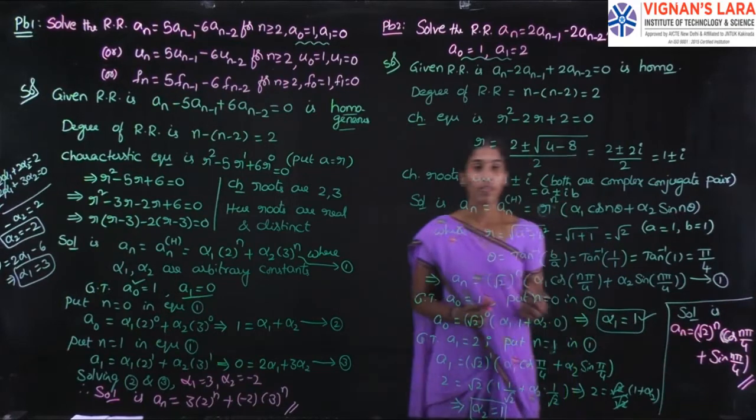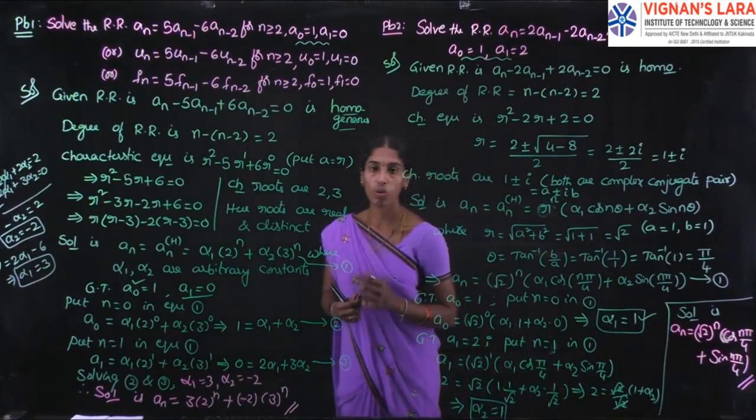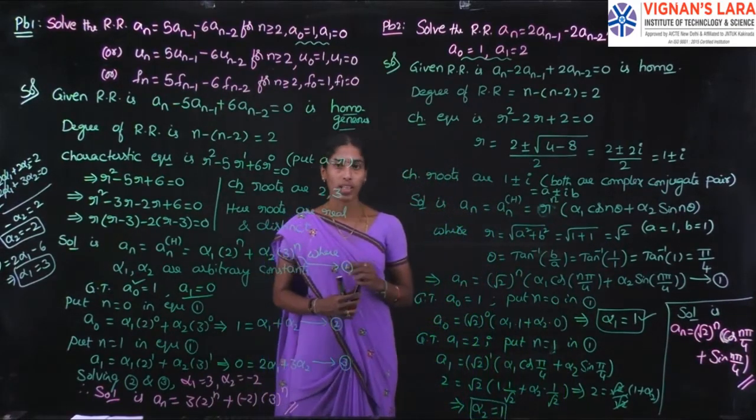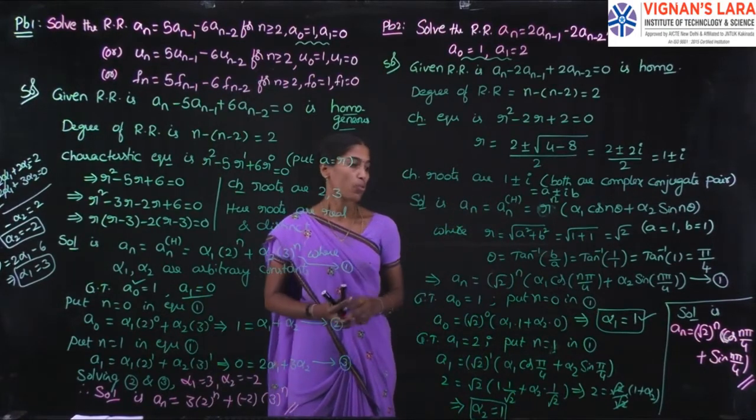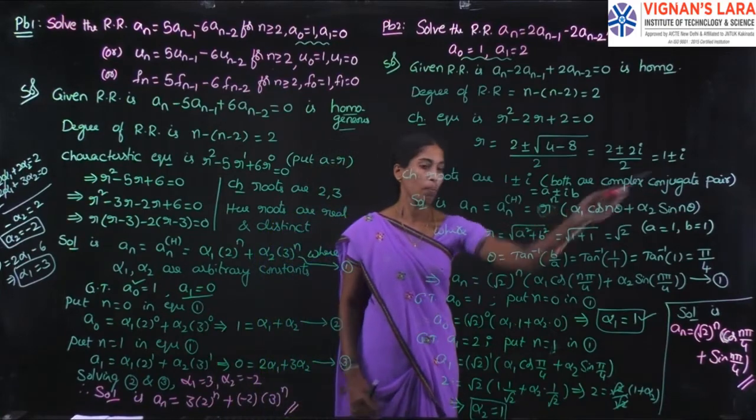This is the way of calculating the general solution of a homogeneous recurrence relation if the roots are real and distinct. The second one is if the roots are conjugate complex roots.